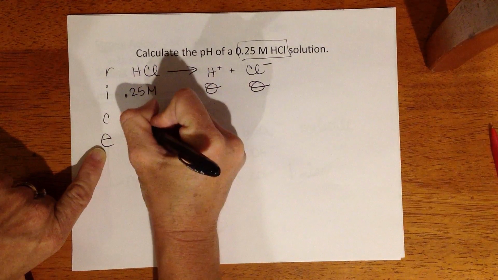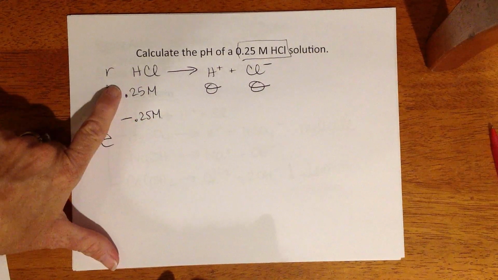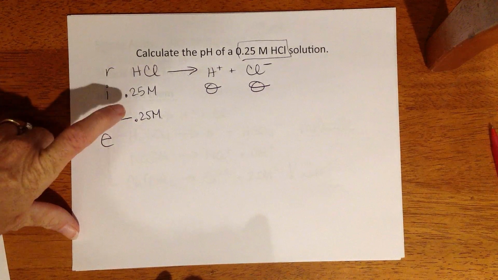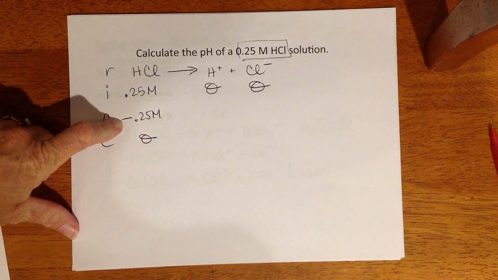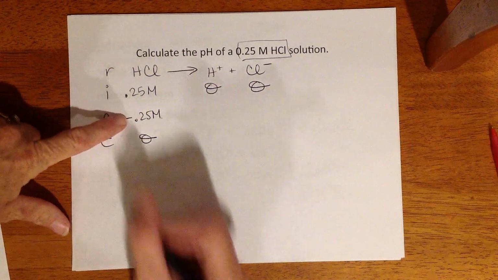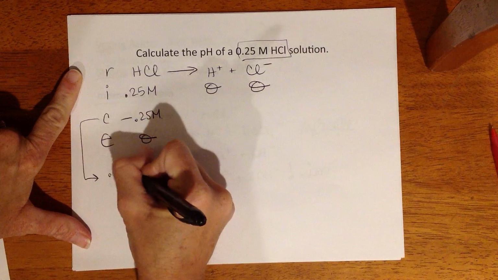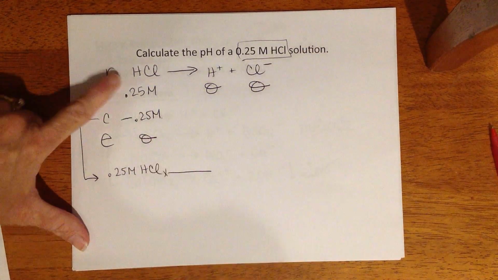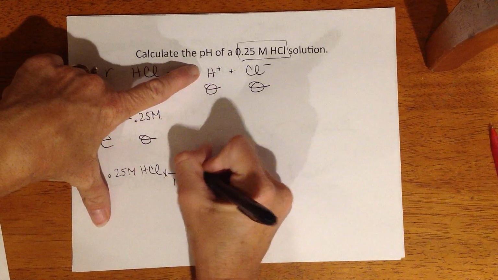So minus 0.25. Because he's strong, it all breaks up. And if you start with 0.25 and 0.25 goes away, you end up with 0. And now I'm just working off of this. If 0.25 molarity HCl reacts, and the balanced equation says for every 1 HCl, you make 1 H.